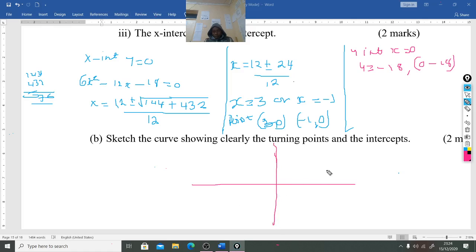Remember, I'm talking about points. We have point negative 1, and point 3. I can have 1 somewhere here and 2 here. And remember the y goes up to negative 18.